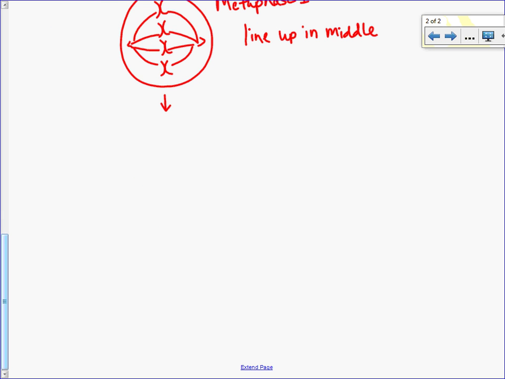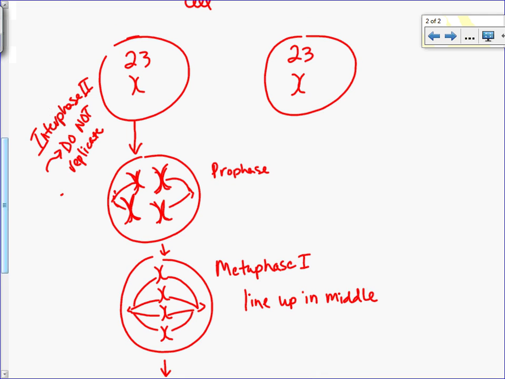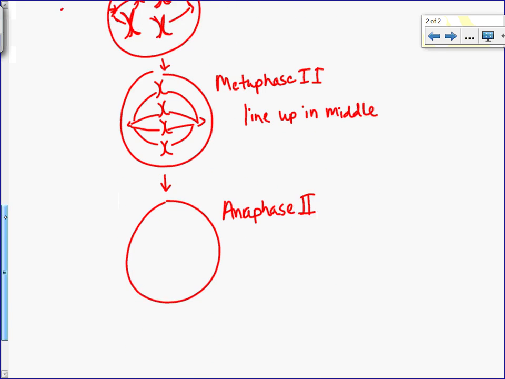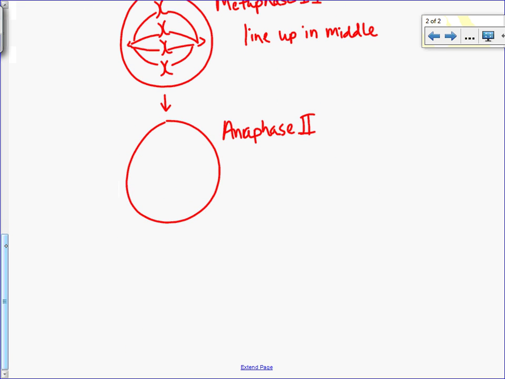Then we go into anaphase 2. And there's a little difference here. There's something that you're definitely going to have to understand. So anaphase 2. This time, so in anaphase 1, just a side note, it's good to compare the two.